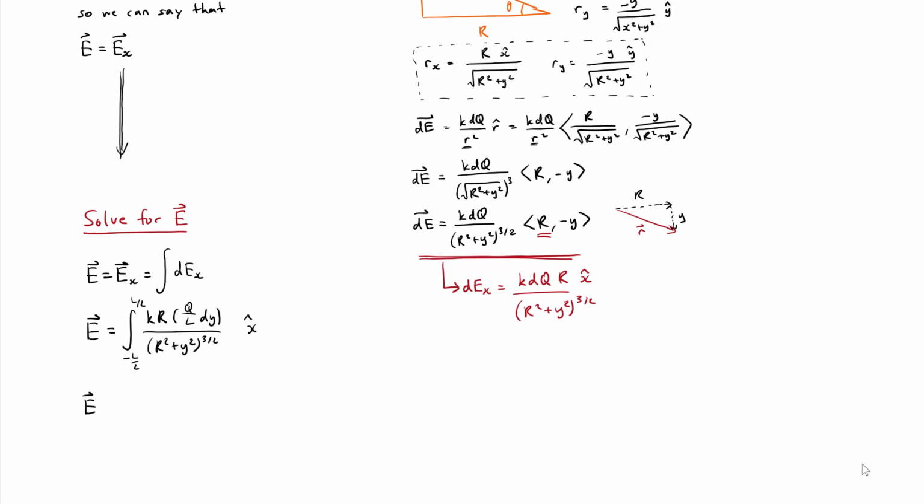So then E is equal to, let's take out as many constants as we can. We have kRq over L, times the integral from negative L over 2 to L over 2 of dy over r squared plus y squared to the power of 3 over 2.